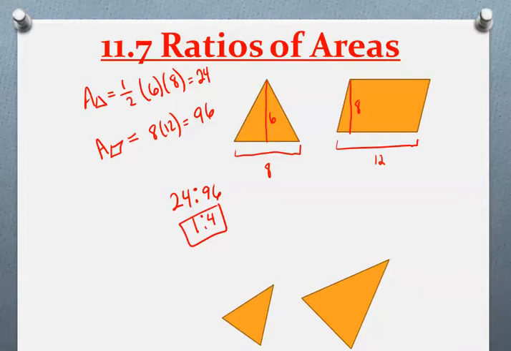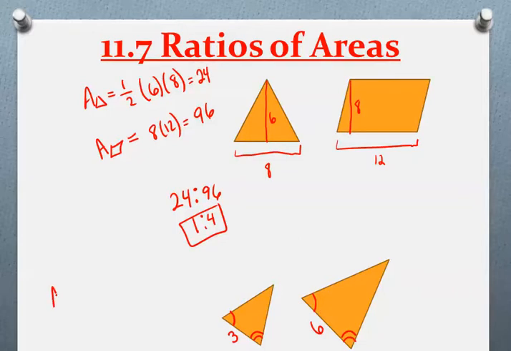Let's take a look at these triangles. Let's say that we were given the fact that the angles were congruent for there and here, making them similar triangles. And let's say that this was 3, and this was 6. And let's compare the areas of those in a ratio.